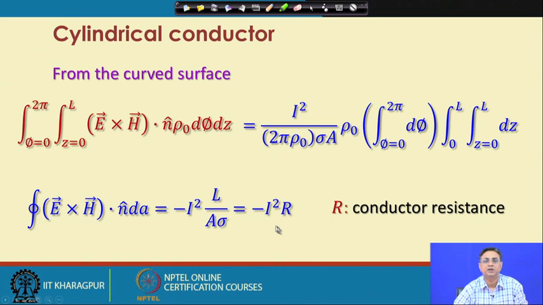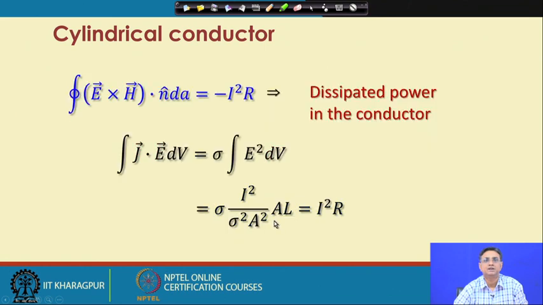This is a known quantity which appears in the textbook: the Joule's loss, the heating loss. So, for a cylindrical conductor which carries a current I, if you calculate the Poynting vector over the curved surface, it gives you I squared R with a negative sign. It tells you that this amount of energy is dissipated out and away from the conductor.